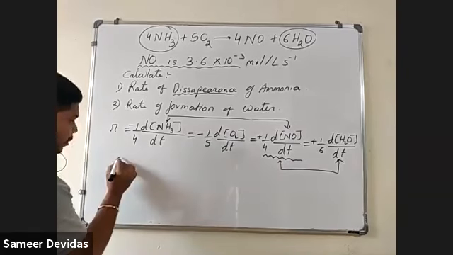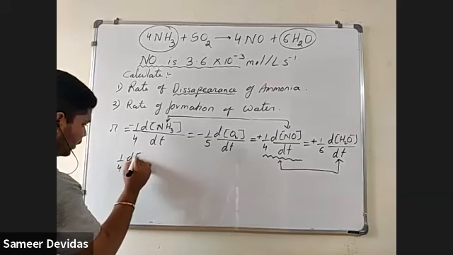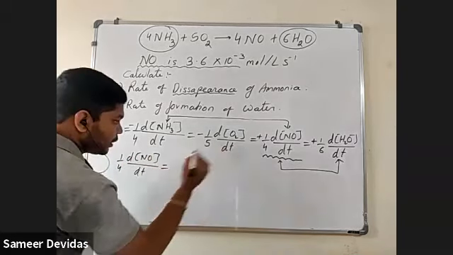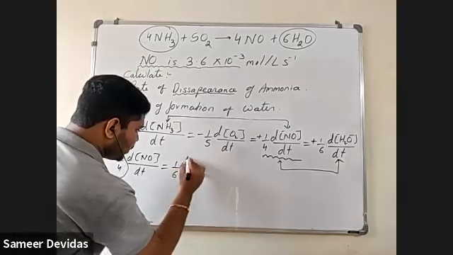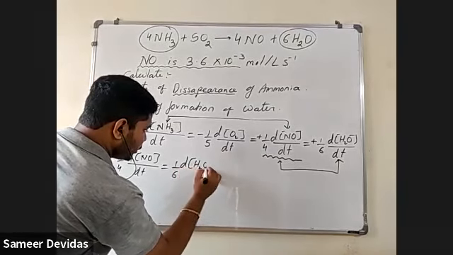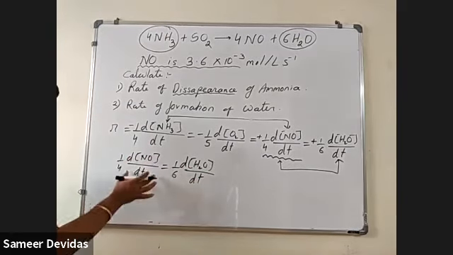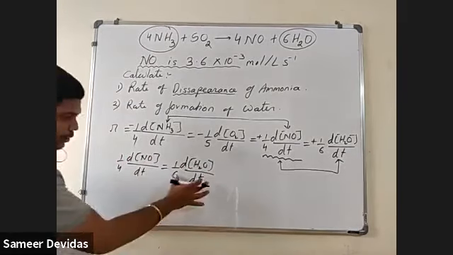Yes, sir. Okay. So if we are comparing this, I'm writing it again. 1 upon 4 d NO upon dt is equal to 1 upon 6 d H2O upon dt. So this is given to you, and this you need to find out.